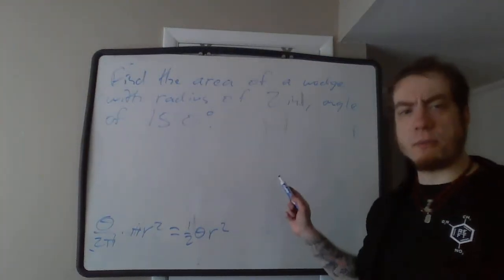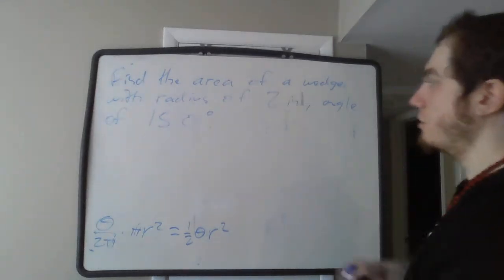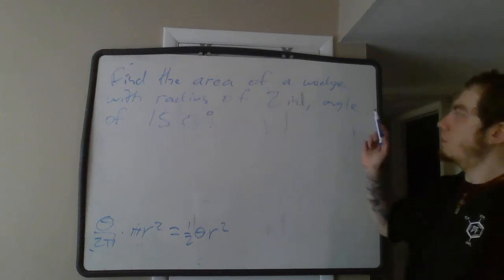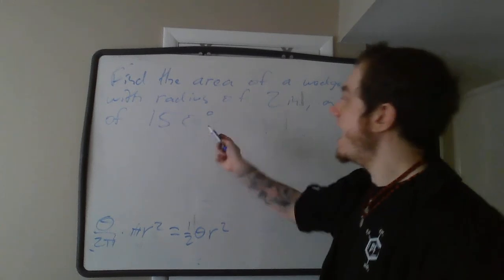All right, so think about this for a minute, and now we're back, and we're going to try to work this thing out. Okay, so the area of the wedge with a radius of 2 inches, and the angle is 150 degrees.